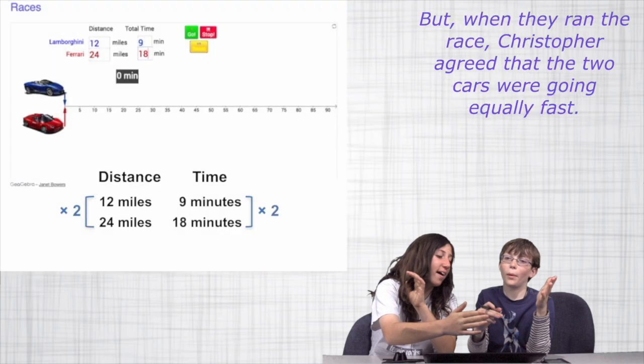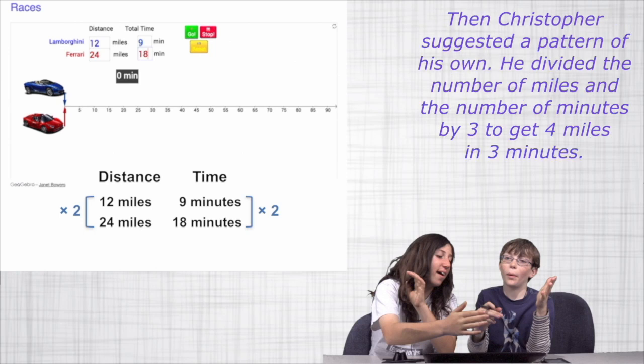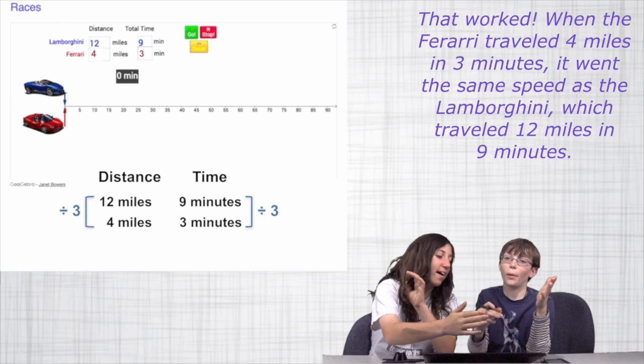But when they ran the race, Christopher agreed that the two cars were going equally fast. Then, Christopher suggested a pattern of his own. He divided the number of miles and the number of minutes by 3 to get 4 miles in 3 minutes. That worked. When the Ferrari traveled 4 miles in 3 minutes, it went at the same speed as the Lamborghini, which traveled 12 miles in 9 minutes.